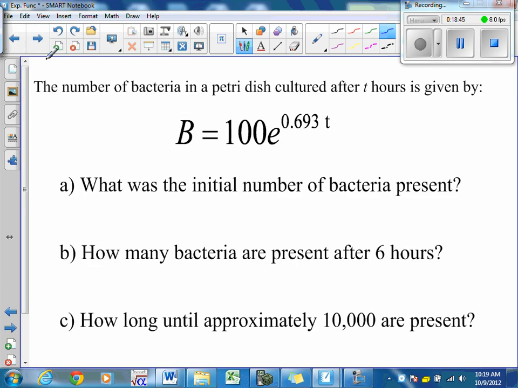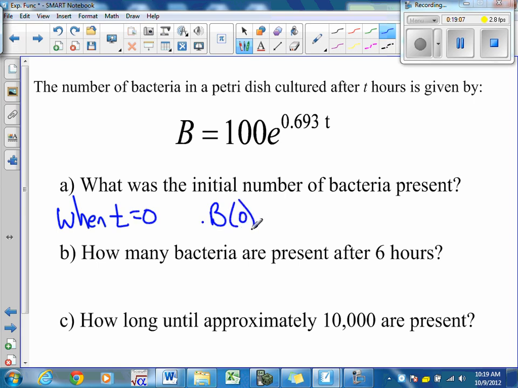The number of bacteria in a petri dish cultured after t hours is given by this formula. The bacteria is 100 e to the 0.693t. So what's the initial number of bacteria? Well, initial is when t is 0.